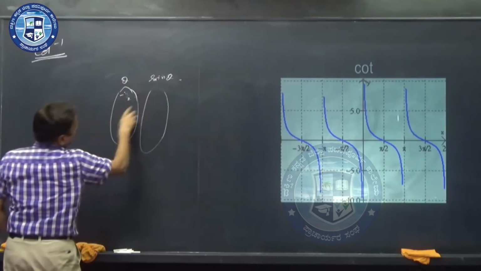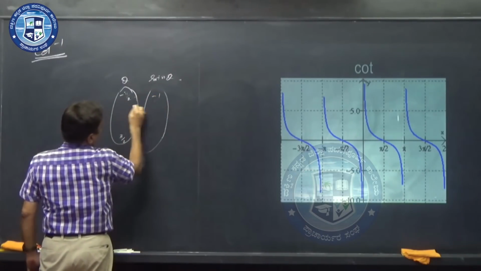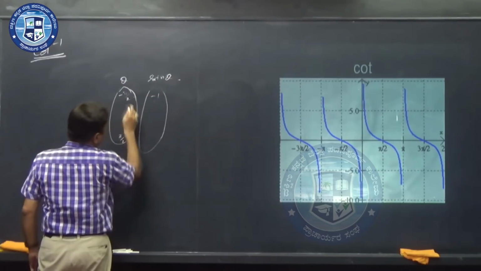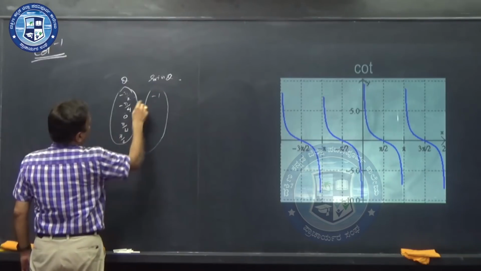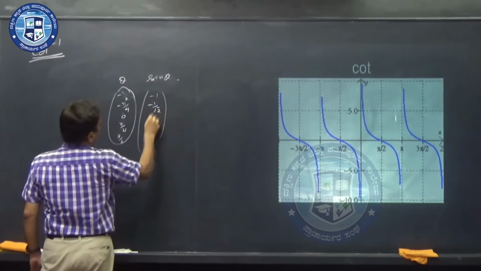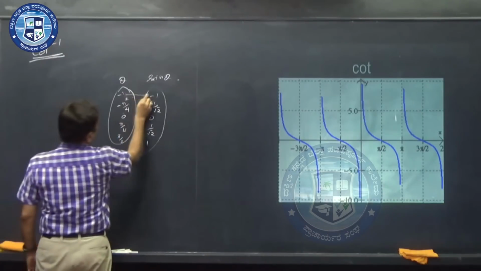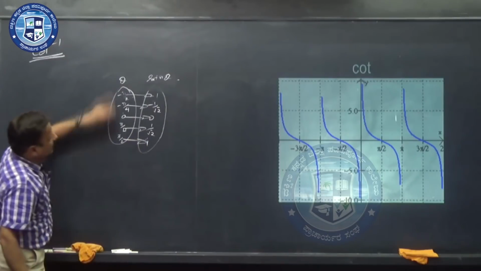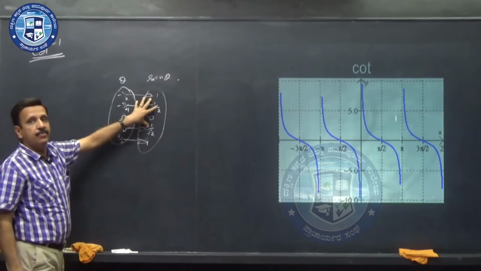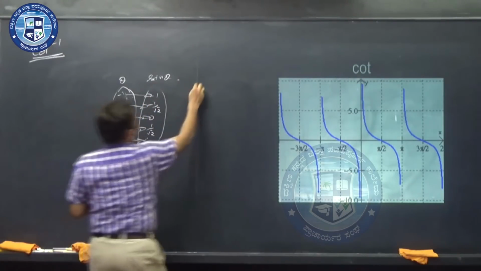When you consider different angles, it becomes minus 1, minus pi by 4, 0, pi by 4, and this is minus 1 by root 2, 0, 1 by root 2, and this is 1. So, only when you select set A like this, it becomes bijective, and hence sine inverse exists for this, and sine inverse will be like this.